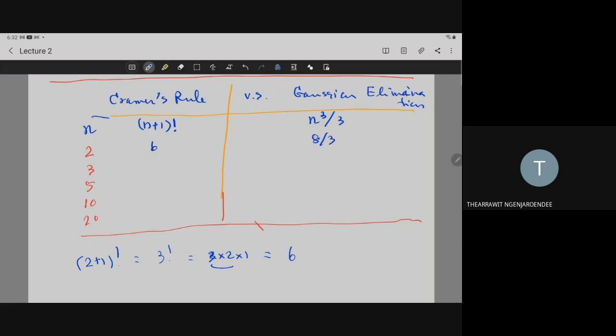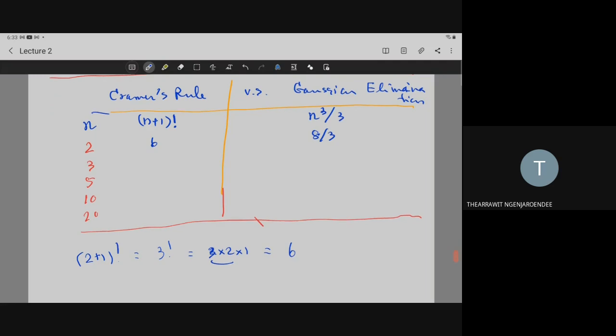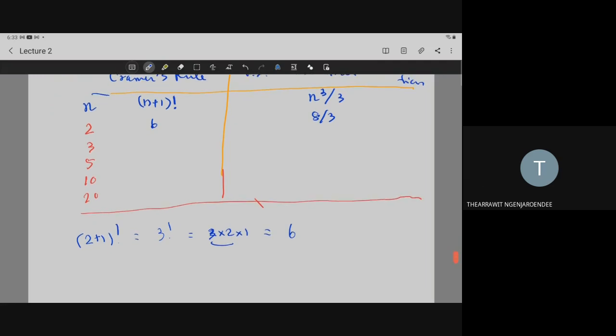Okay. How about next, n equals 3? What do we have? So what do we have for n equals 3? What is the complexity? 24. Yeah, so it's 3 plus 1 factorial, which is 4 factorial, which is 4 times 3 times 2 times 1, right?